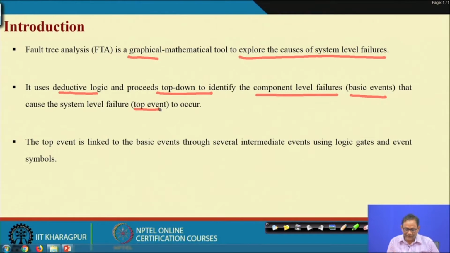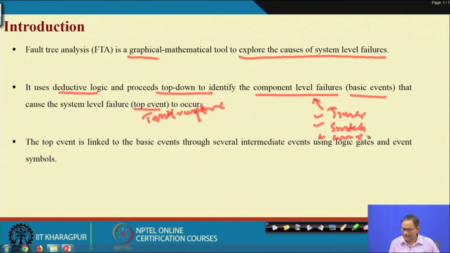So, the top level may be the tank rupture, and ultimately you will come to the component level: the timer, then the switch, then the wire, power supply, pump, pressure gauge. All component level failures are responsible for the top level failure.